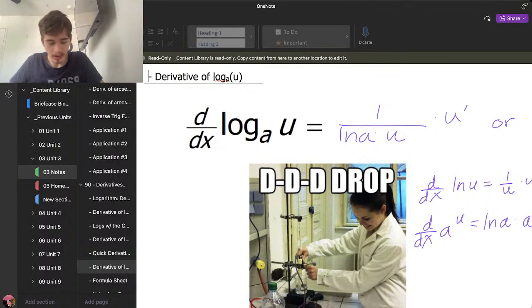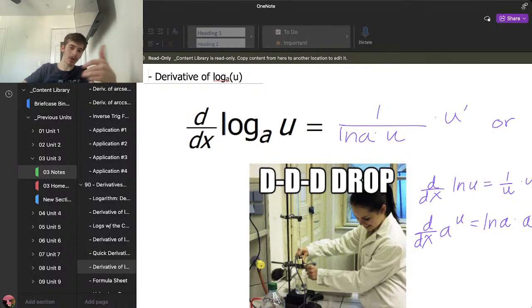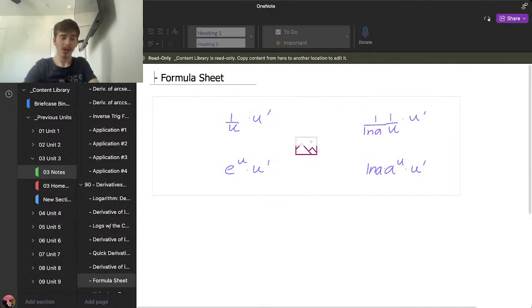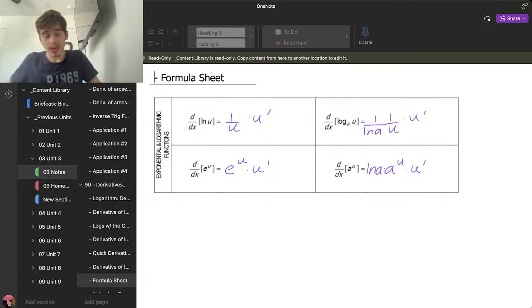So it's almost like 1 over u, almost the derivative of natural log of u. But now your base is different. It's no longer e. That's why 1 over natural log of e times u is just 1 over 1 times u. Now the base is different, so you have to account for that. Here are all your rules. Try to memorize them.